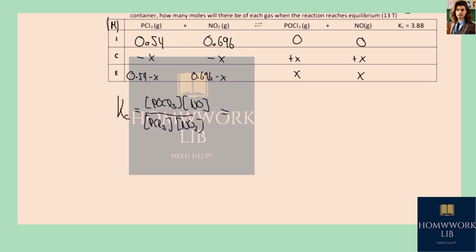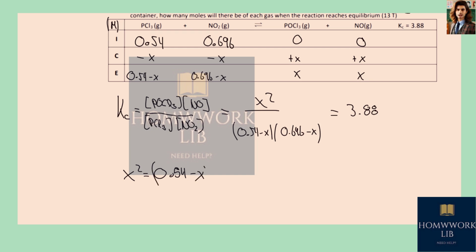Replacing the equilibrium concentrations from our ice table, this is equal to x squared divided by 0.54 minus x times 0.696 minus x. At the same time, this is equal to Kc, which is 3.88. Thus, our equation can be rewritten as x squared equals 0.54 minus x multiplied by 0.696 minus x, multiplied all of this by 3.88.